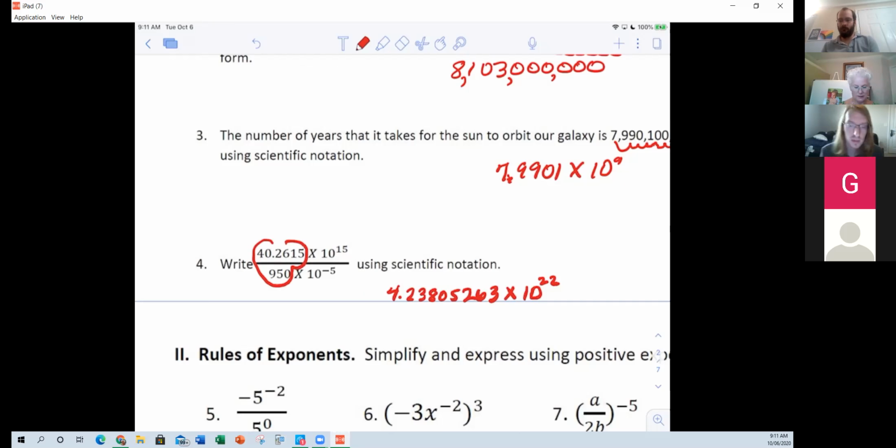Okay, hold on just a second. My calculator just died. 40.2615 divided by 950. And that gave you, tell me what that gave you again. It gave you 0.0423805263 times 10 to the 20th. And he got 10 to the 20th because he subtracted those exponents, and 15 minus negative 5 is 20.